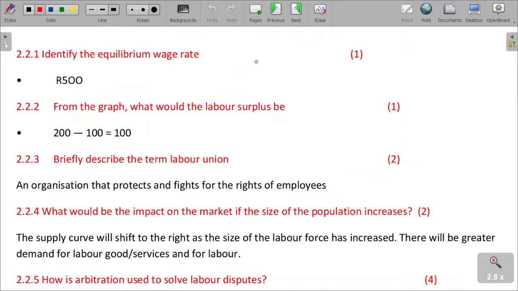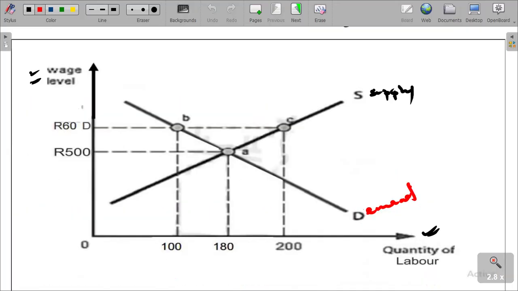Identify the equilibrium wage rate. Equilibrium, we are talking about the point of intersection where the demand and supply are meeting. So the equilibrium wage rate in terms of our graph, we are talking about the payment, which is 500, where we have the intersection.